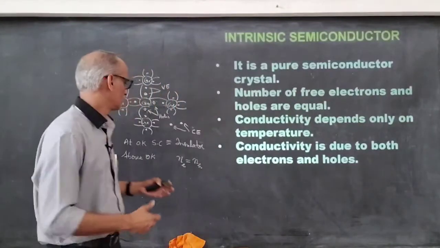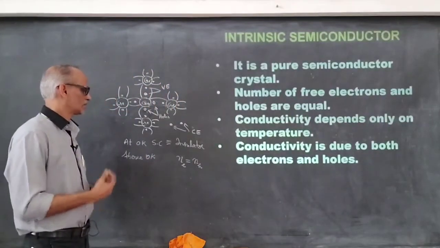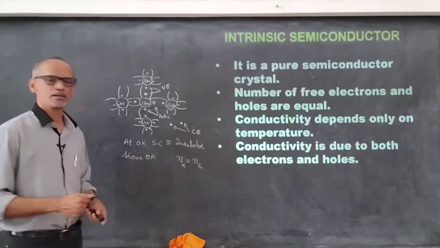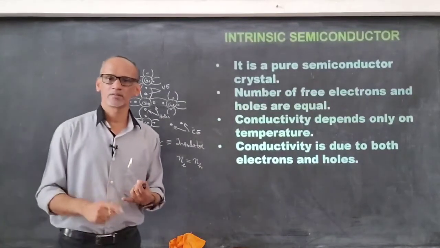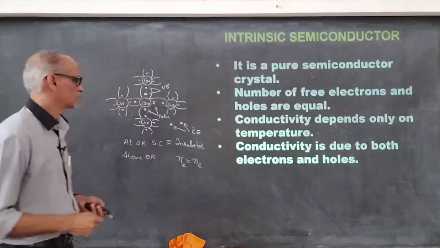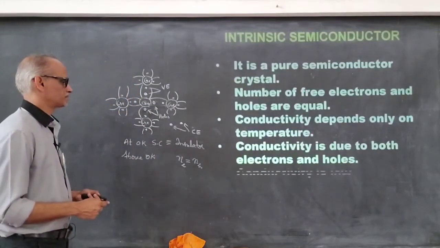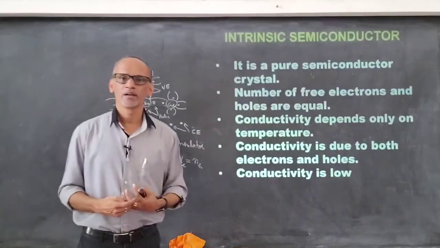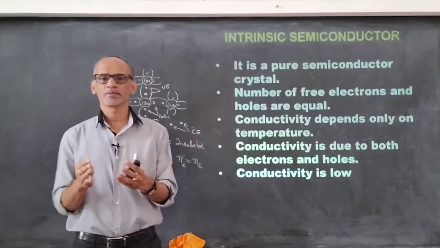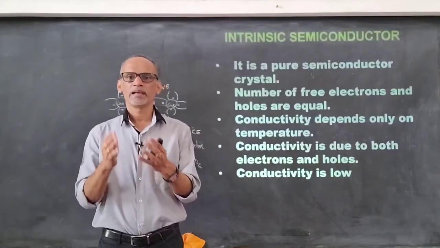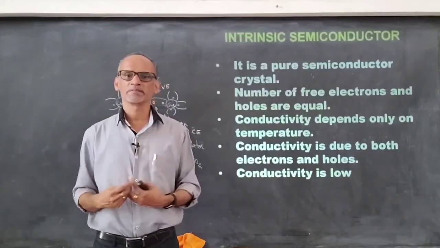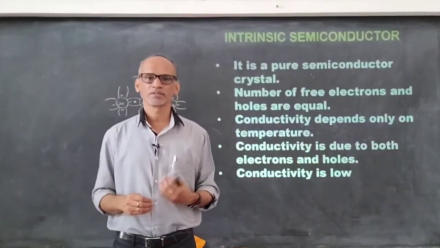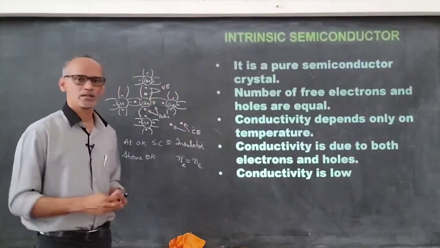So the net conductivity is more, because in addition to the electrons, holes also contribute. When we say conductivity, we are talking about the electrical conductivity. And conductivity is relatively very low. Since the conductivity depends only on the temperature, and we have a limitation to increase the temperature, the conductivity is very low.